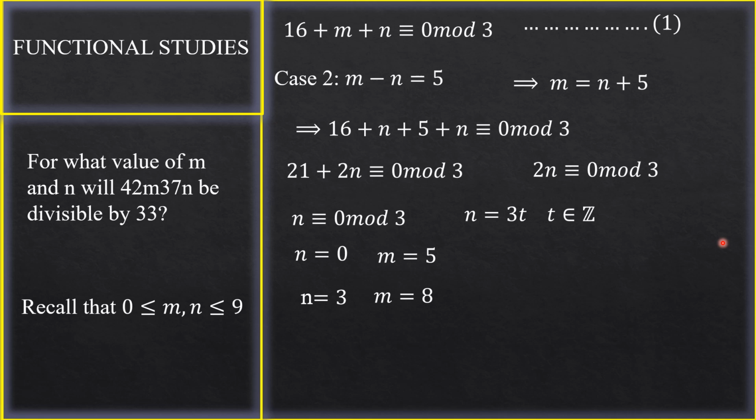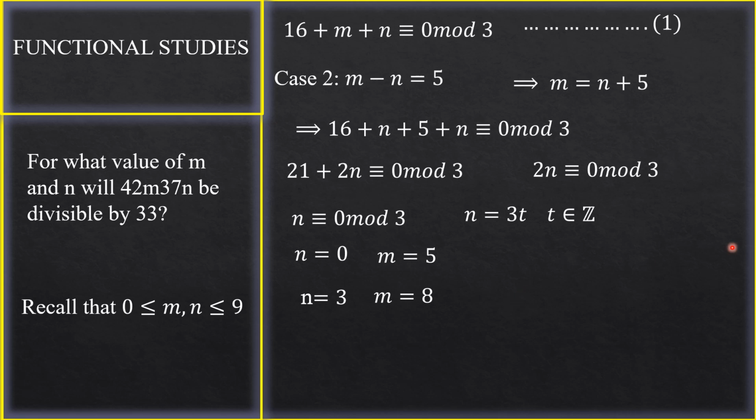Then now when t is equal to 3, we'll be having 3 times 3 is 9. n is equal to 9. But when you put 9 here, you'll be having 9 plus 5, which is already a value 14, which is greater than 9. So it's out of this zone. So it means that the values from t equals 3 and above will give an answer that is invalid to the problem.